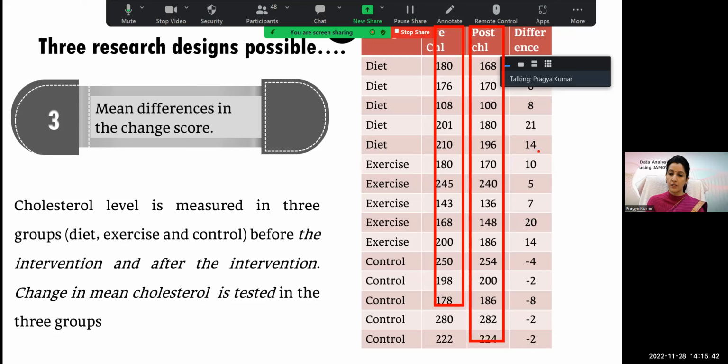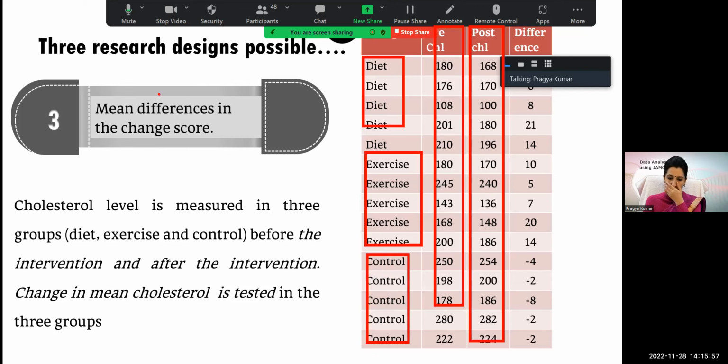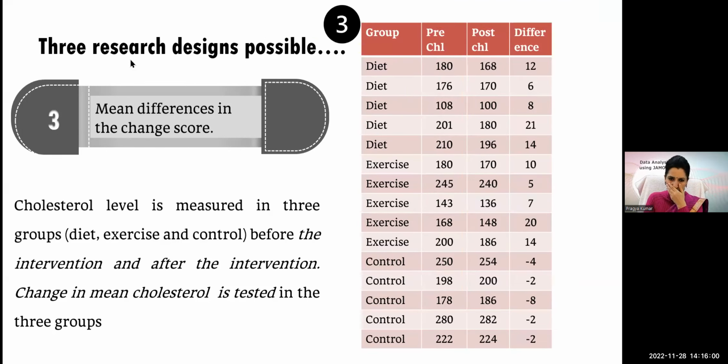If you want to measure the mean difference in these three groups, the first group is the diet, the second group is the exercise, and the third group is the control. Then we can go for this ANOVA.